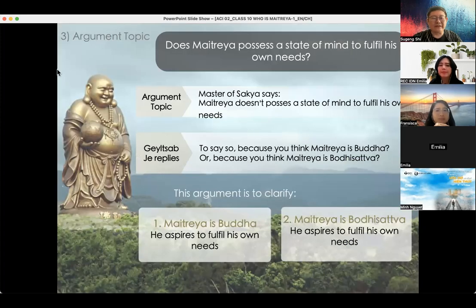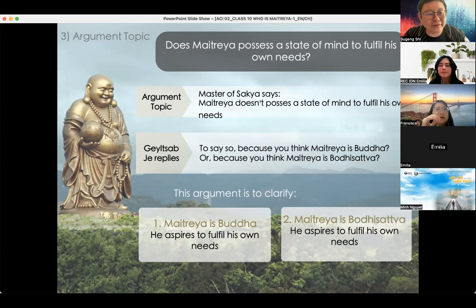So this is the argument topic. Does Maitreya have a state of mind to fulfill his own needs? Because the Sakya master says no, he wants to fulfill the needs of others. If you remember when we talked about the Buddha jewel, there are the 8 characteristics of the Buddha jewel.